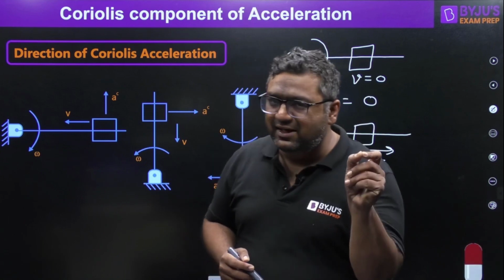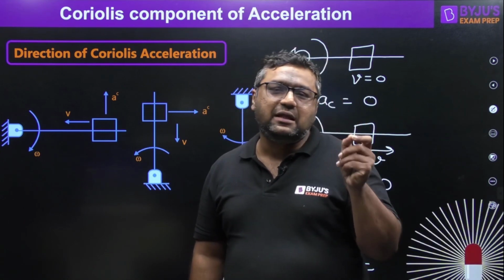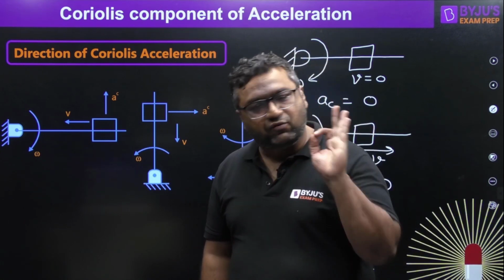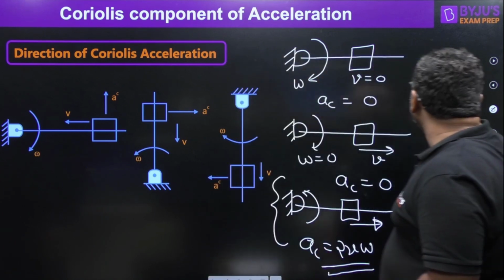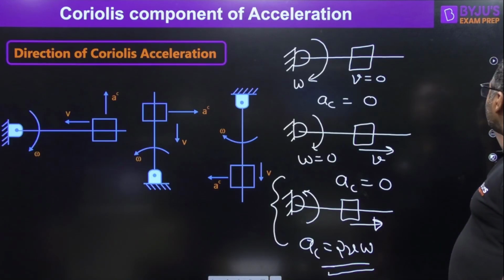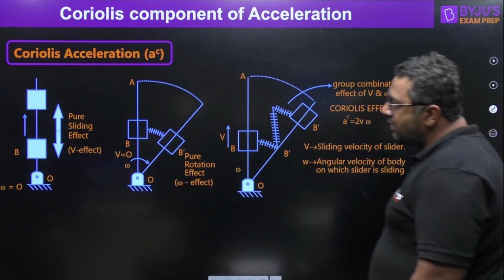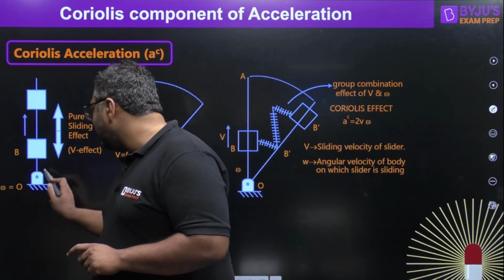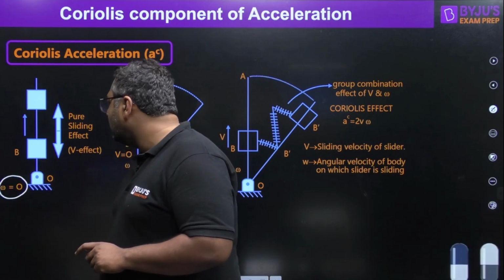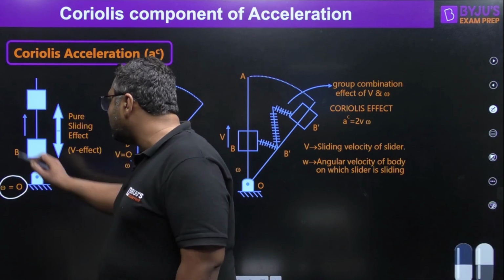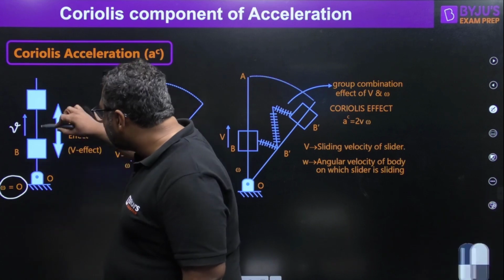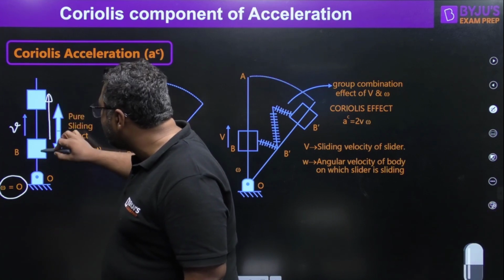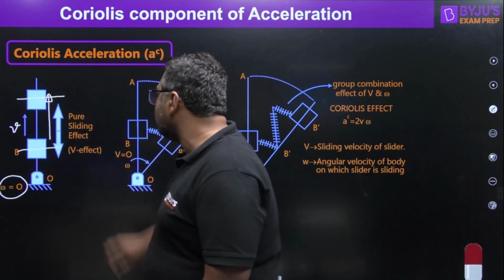When I say acceleration, obviously its presence guarantees that a force is present. So what kind of motion can this acceleration cause? Let us feel, if we have a body where omega is 0, as I already told you, and sliding velocity is present, then this slider would be moving in this direction and it will move some distance in some time.